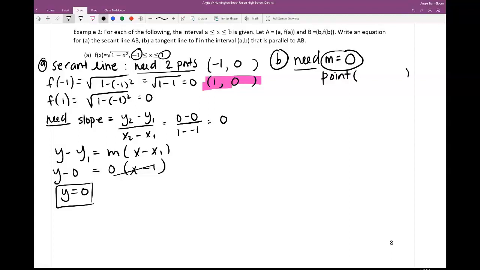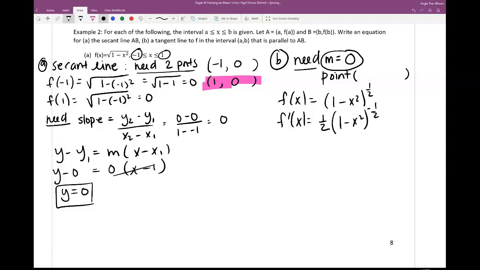So this is where you would need to do the f prime. So f prime of x, let's do that. First, I'm going to rewrite the f of x equation in terms of power, so I can use the exponent rule. So f of x equals the square root, so I'm going to rewrite it as 1 minus x squared to the power of half. So now f prime of x equals 1/2 times (1 minus x squared) to the -1/2, then multiply by the derivative of the inner component, which is -2x.